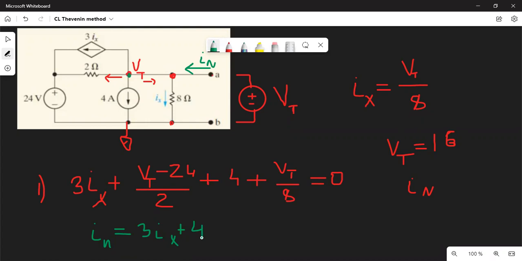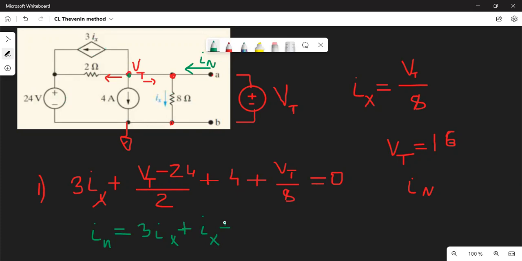Am I right, Shahruh? Hello there. Ix, 3ix, and Vt over 2. Basically, we can take it like this. I almost forgot about this Ix. Instead of having this and this, we can just use the voltage between these two points, because it's all combined in this point.